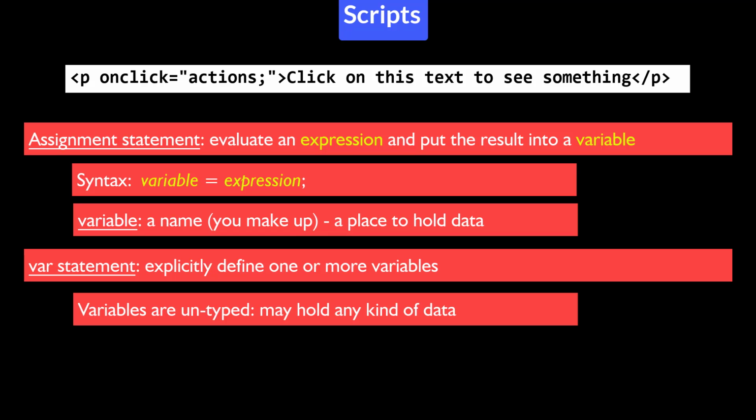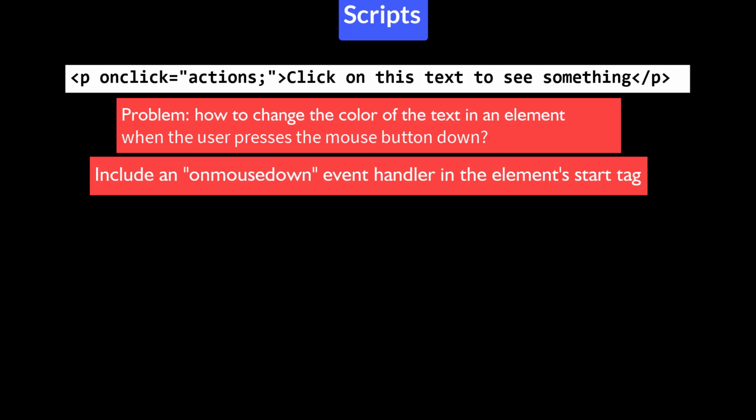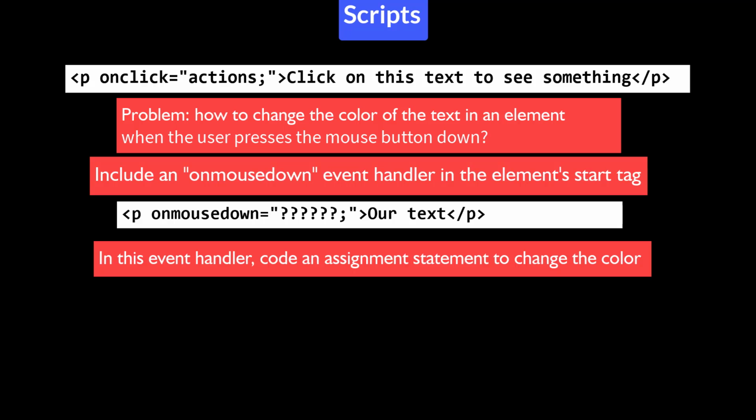Now, putting this together, how can we, for example, change the color of some text that belongs to an element when the user presses the mouse down? Clearly, we need to include an onMouseDown event handler in the element start tag, and in that event handler attribute, code an assignment that changes the color value.